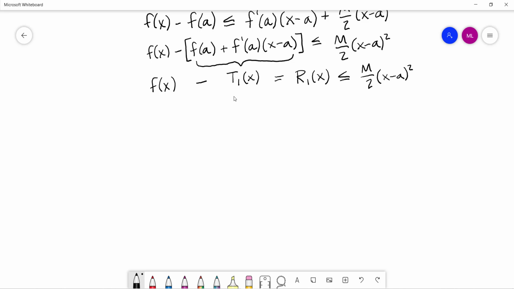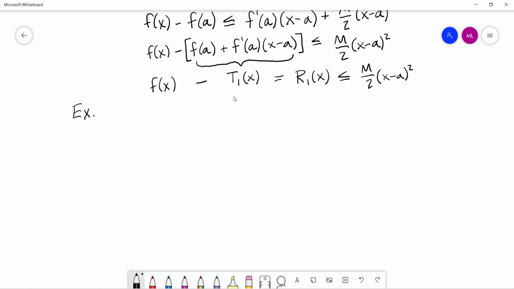So let's put it to use in just a couple of quick examples. I don't want to do a ton. Maybe we'll do 2. Let me find the one I wanted to do here. Here we go.